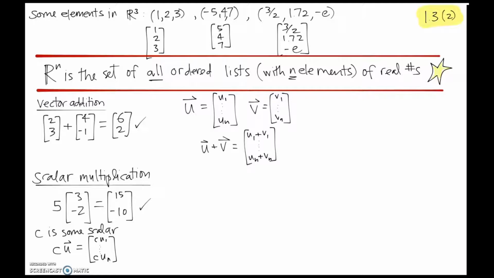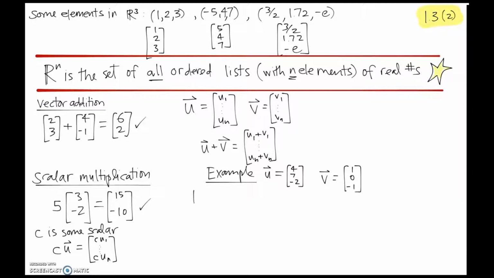Let's look at another example. So say that we let u equal, here we're going to be in R3, (4, 7, -2). And we're going to let the vector v equal (1, 0, -1).